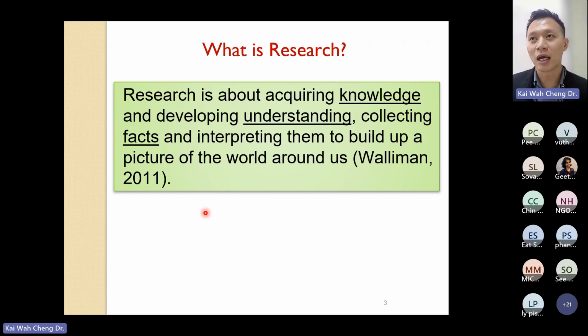For example, environmental pollution, the huge volumes of solid waste, traffic jams that we face every day. These are some of the problems that you can observe in your daily life, and maybe you are trying to conduct certain research to solve these problems so that the research output can help us to improve or enhance our quality of life. So this is the definition of a research.